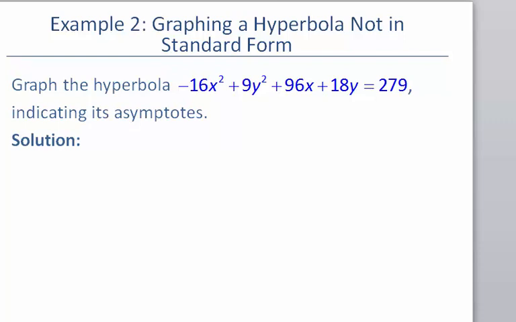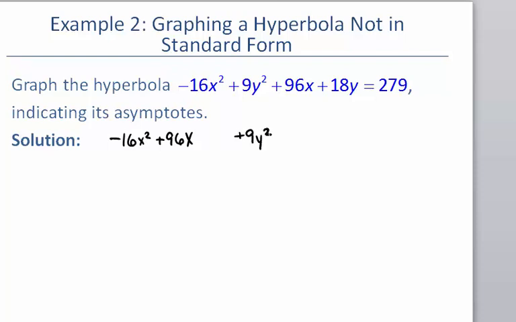So I'm going to begin by grouping like terms together. I'm going to group the x's together. So I'm going to write the negative 16x squared and the positive 96x. I'm going to leave myself a little bit of room, and then I'm going to write my y terms together.